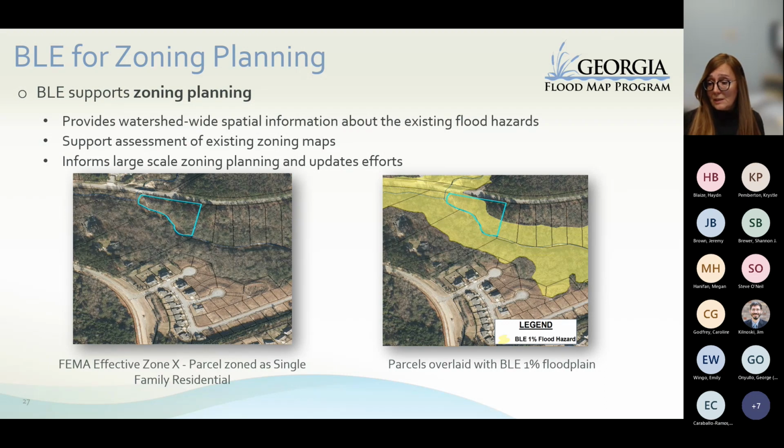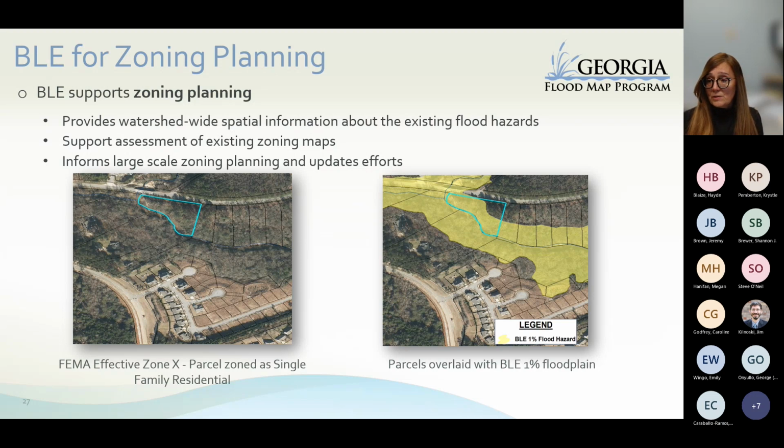The base level engineering analysis can also be used to strategically utilize areas that are included in the 1% floodplain. One such use of an area can be to designate such areas as open space preservation. This way, any development in these areas is going to be prohibited, but also the natural functions of the floodplain are going to be preserved as these areas are designated as community parks.